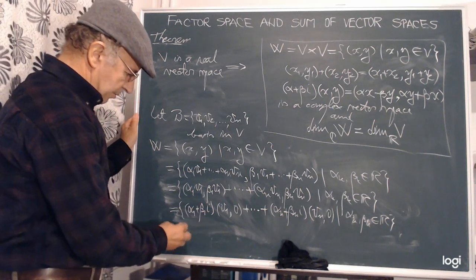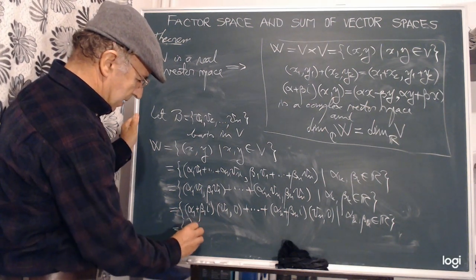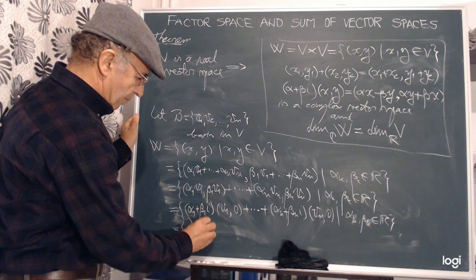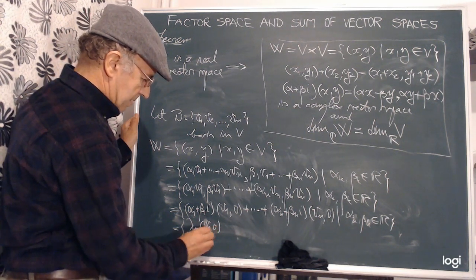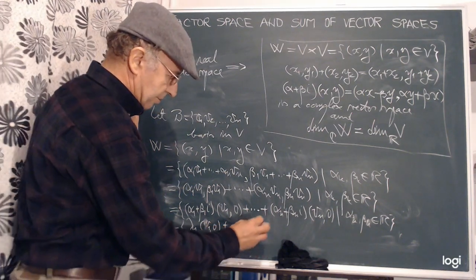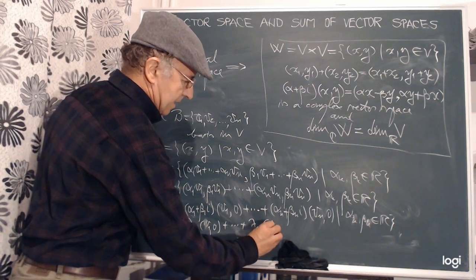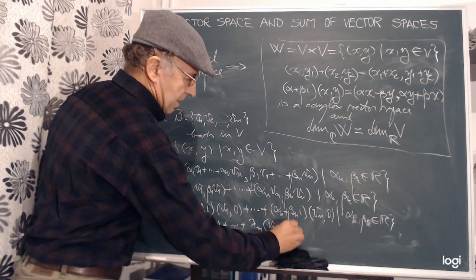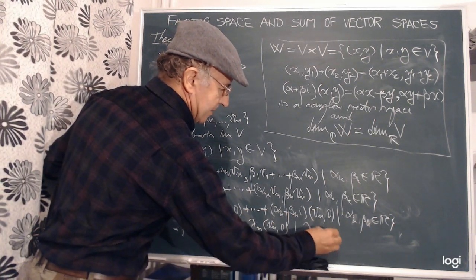We can denote this by lambda 1. So we have here lambda 1 (v1, 0) plus so on, plus up to lambda n (vn, 0), where lambda k are complex numbers.